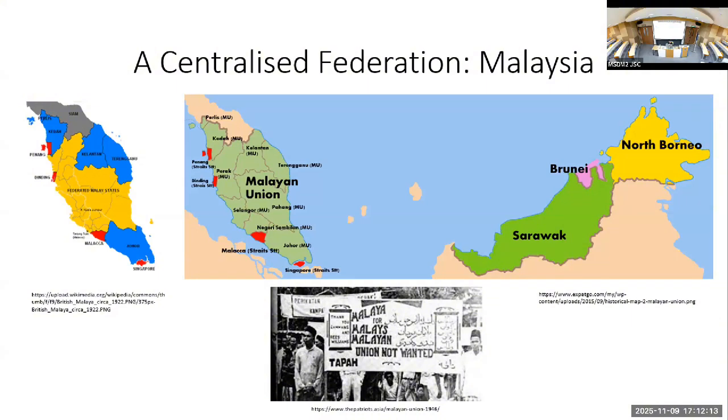And so, because of the strong objections from the Malays, who then formed UMNO in 1946, the Malayan Union was abolished by end of January 1948. It lasted only 22 months. And this was replaced by the Federation of Malaya.